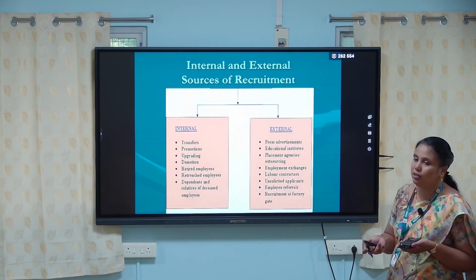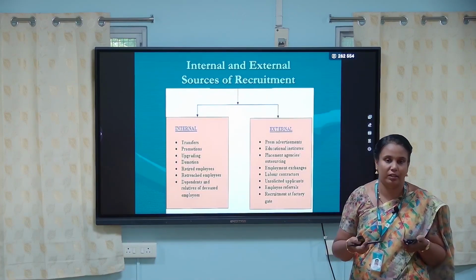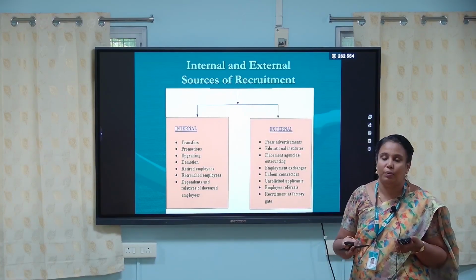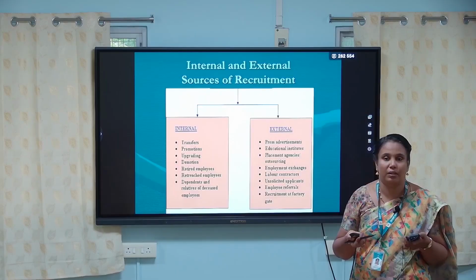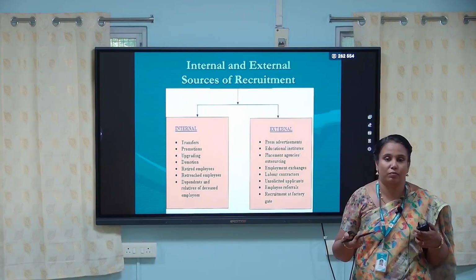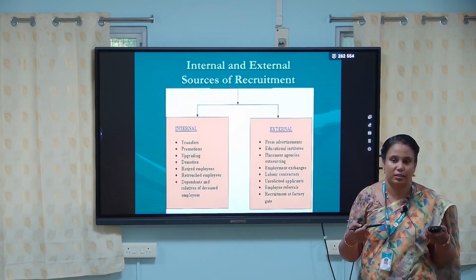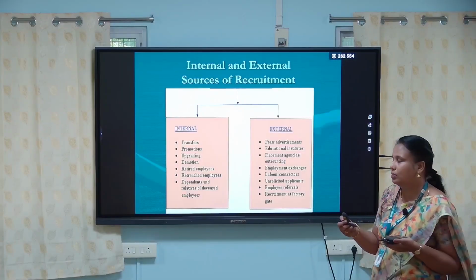And then educational institutes. In our college itself we have a training and placement division. Many reputed organizations come and hire students from our college to work as employees. Like that, the organization goes to educational institutes to recruit students to work in their organizations.